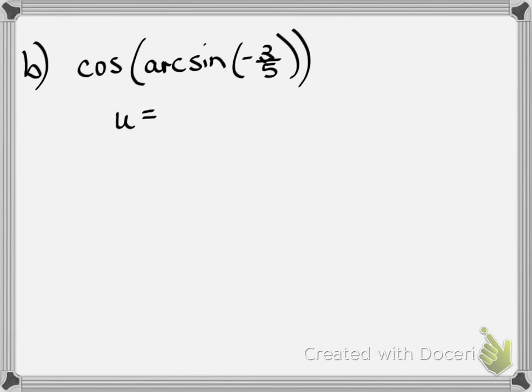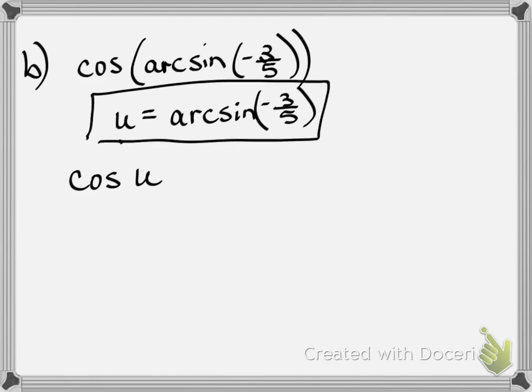So we'll do the U step. We'll say U is the arc sine of -3/5. That means we're going to be finding the cosine of U. So if U is the arc sine of -3/5, that means the sine of U is -3/5, and we'll make a U triangle.